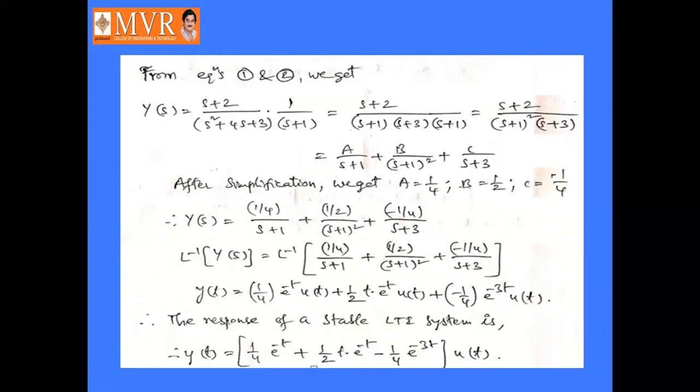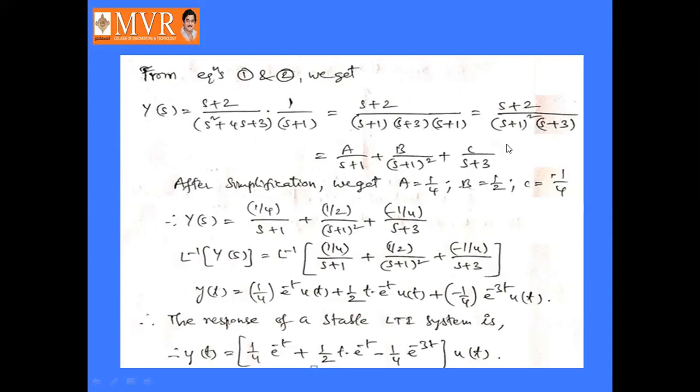So y of s equal to s plus 2 by s square plus 4s plus 3 into 1 by s plus 1, or we can write this as s plus 2 by s plus 1 into s plus 3 into s plus 1, or s plus 2 by s plus 1 whole square into s plus 3.